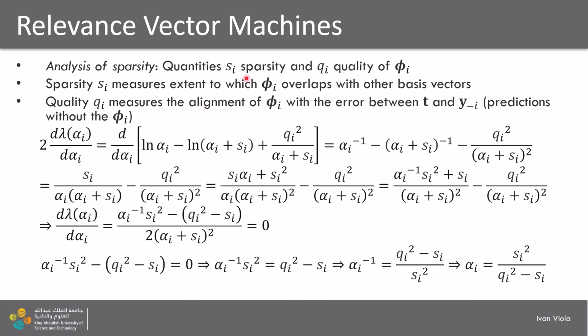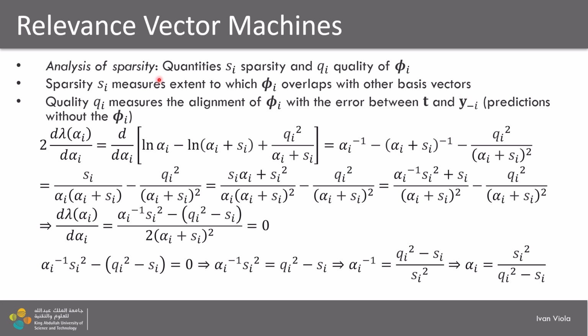So we have introduced the quantities S_i and Q_i, and we named them. S_i is the sparsity, and Q_i is the quality of the basis function phi_i. The sparsity measures the extent to which the phi_i overlaps with other basis vectors.